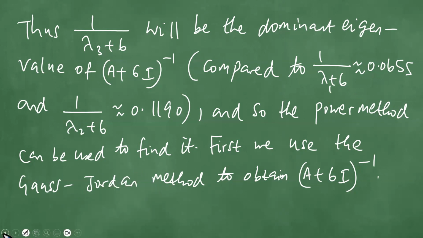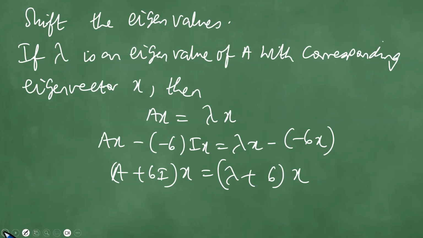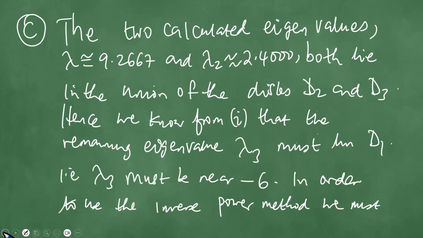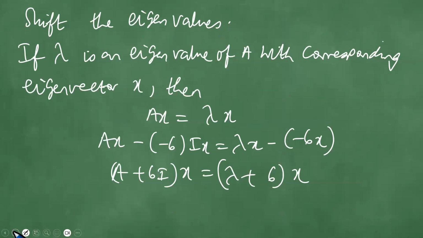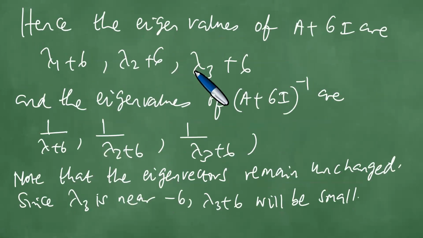Okay, I'm going to elaborate on the use of the Gerschgorin disks and the justification of the fact that the eigenvalue is closer to minus 6 using the Gerschgorin circles.